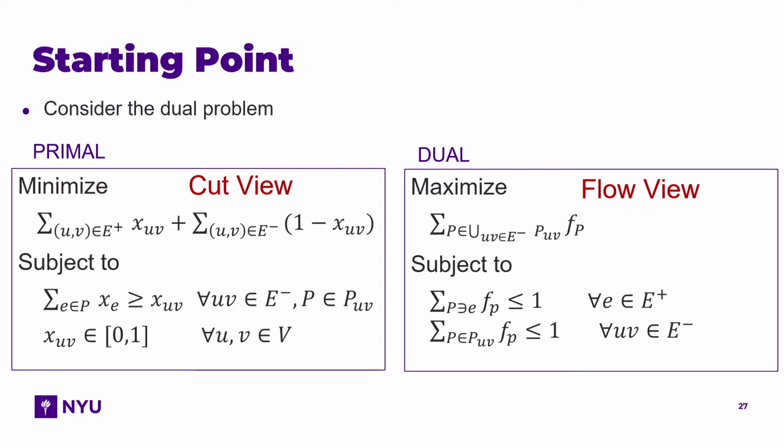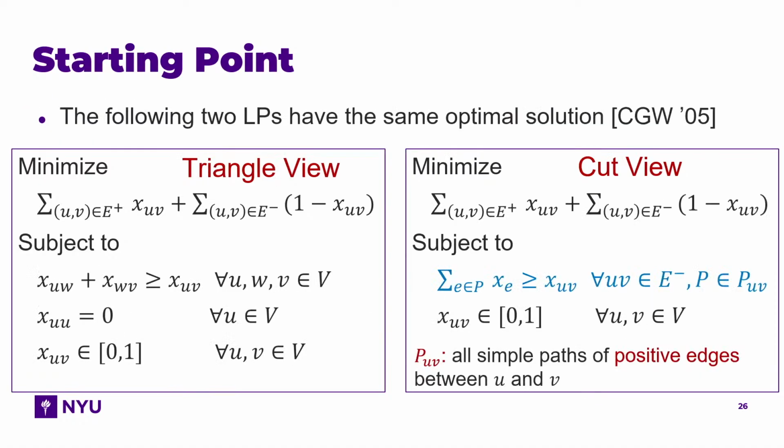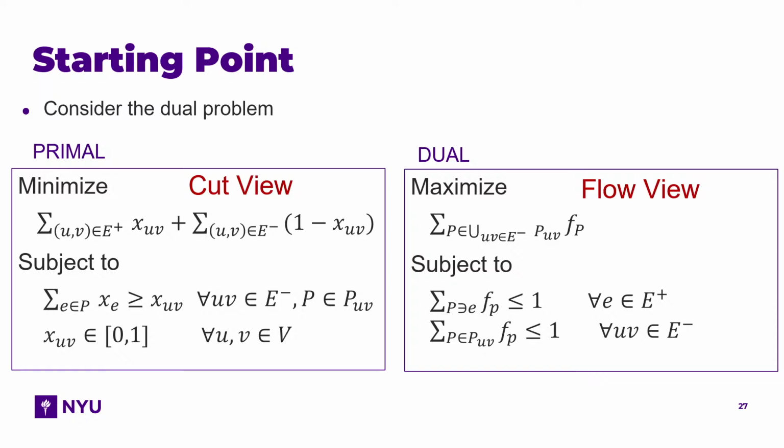There might be an exponential number of paths here, and then we will send flow along these paths. The paths are defined as all simple paths of positive edges between a pair of nodes. It doesn't matter so much. You just need to know this path could be quite long. So we want to send flow along this path and try to maximize some objective. Okay, that's the flow view.